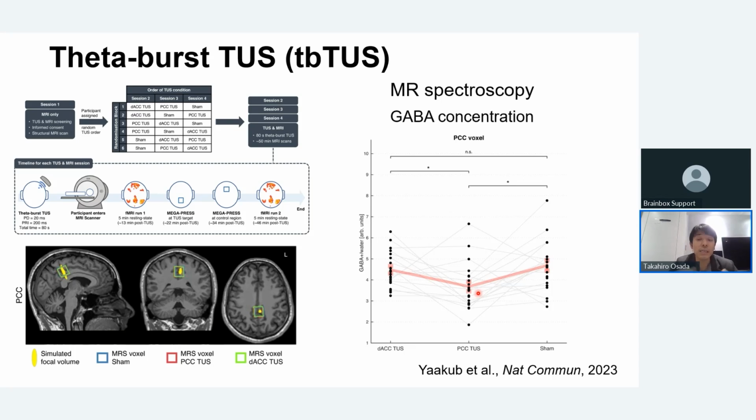This decrease in inhibitory neurotransmitter is associated with an enhancement of activity. However, there is currently no theoretical or biophysical explanation for this phenomenon. Further replication of these experiments is required. And if this protocol can be used for regions beyond the primary motor cortex, TUS could potentially be utilized in a bidirectional manner, both for suppression and enhancement of activity.